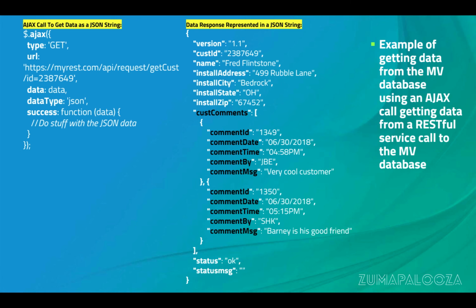This is how JSON handles multivalued data, and it can do this with an infinite set of multivalue data. Also, in looking at the cust comments, imagine each of these cust comments values being a row on a report. The JSON file could have hundreds or thousands of rows of data for a report put into a JSON string such as this one.